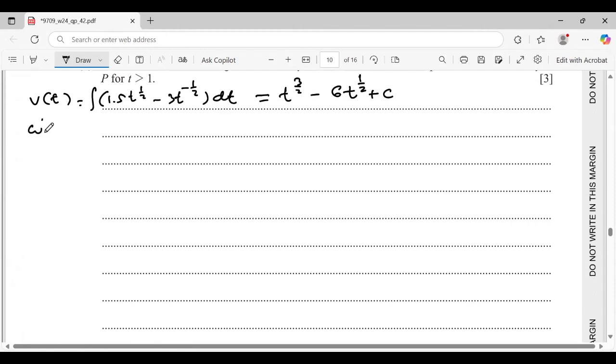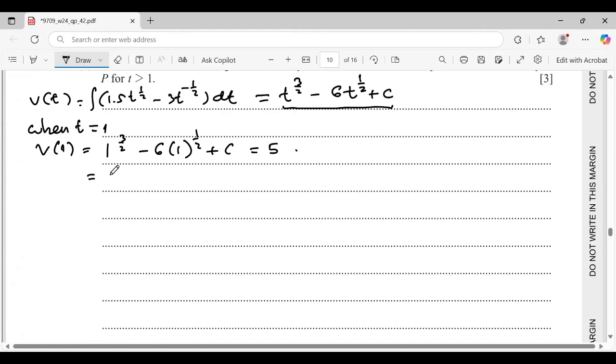Now, when t equals 1, v(1), we are going to use this expression: 1 power 3/2 minus 6 times 1 power 1/2 plus c, and according to the information, v(1) equals 5.